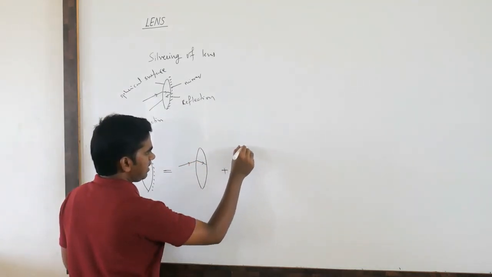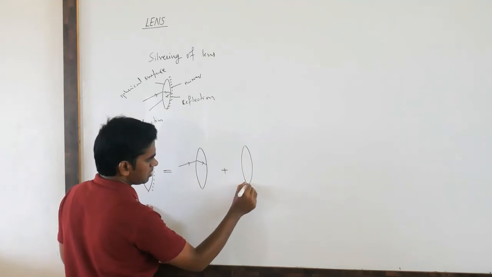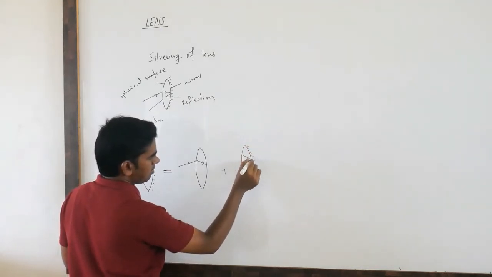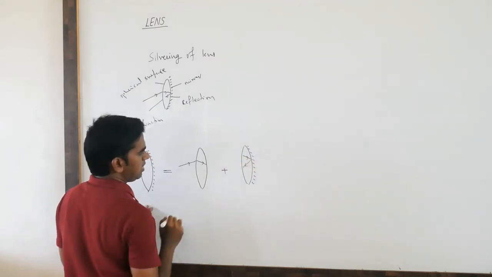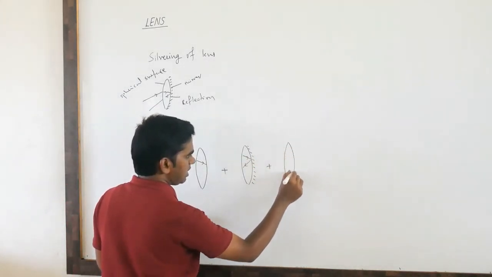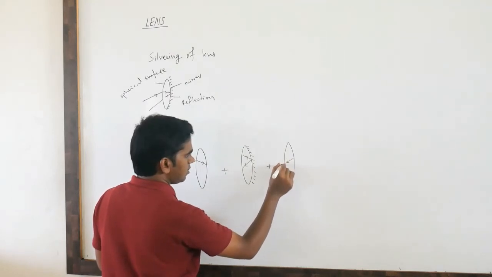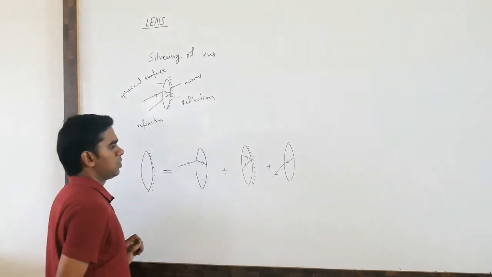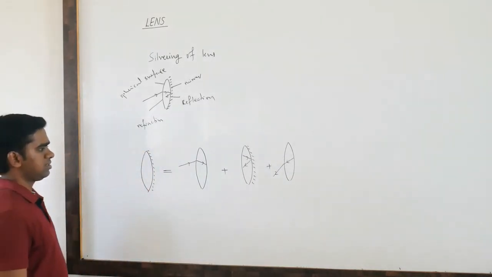Next, reflection will take place because it is a curved surface. The ray comes and gets reflected. Again, one more time, a refraction will take place. So totally there are three processes that take place here.